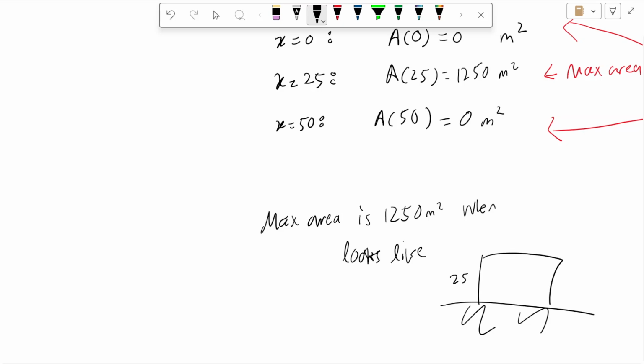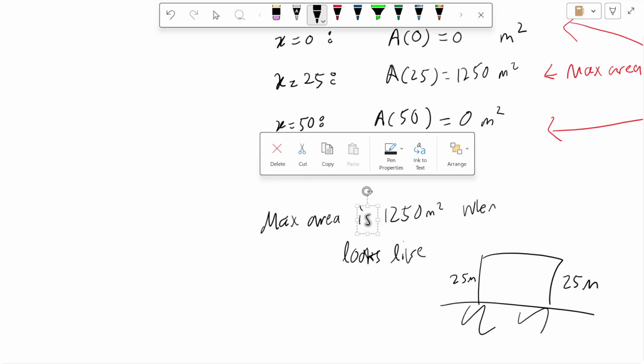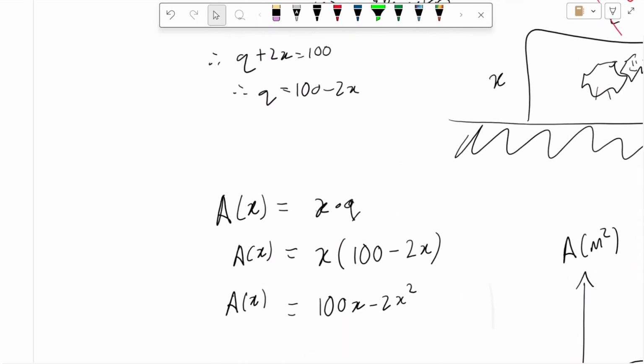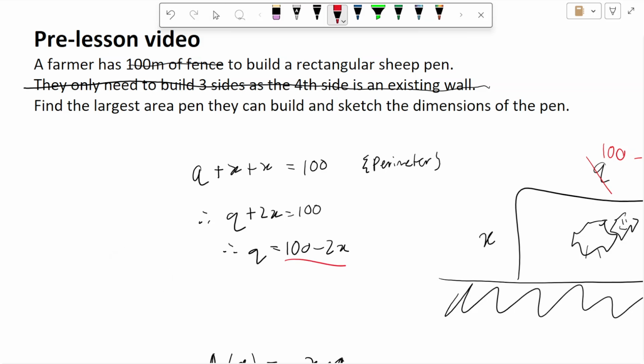So we're going to put 25 meters there and 25 meters there. Knowing that the whole fence had to add up to 100, that would have to be 50 meters there. Or if you're not sure, you could use 100 take 2 lots of 25 would give you 50 as well for that Q value.